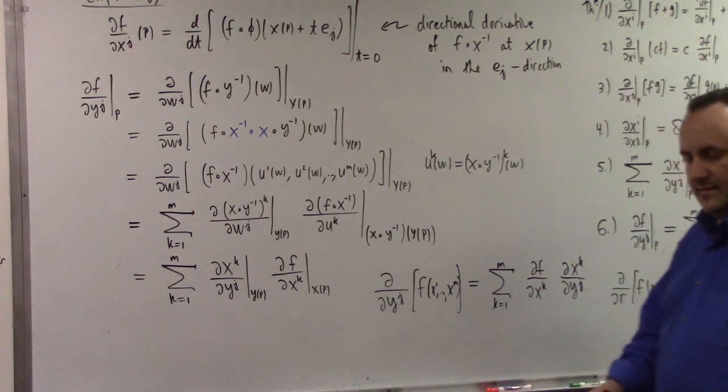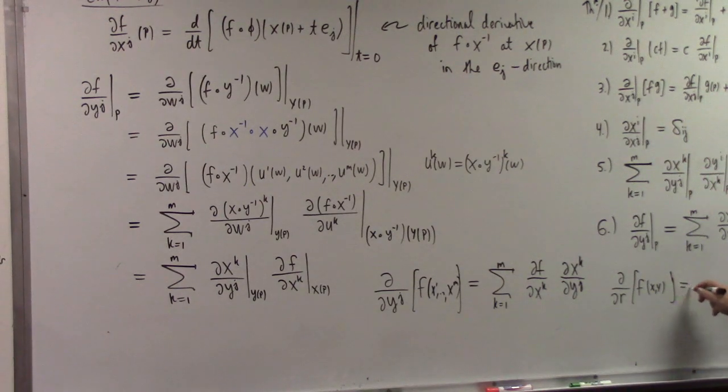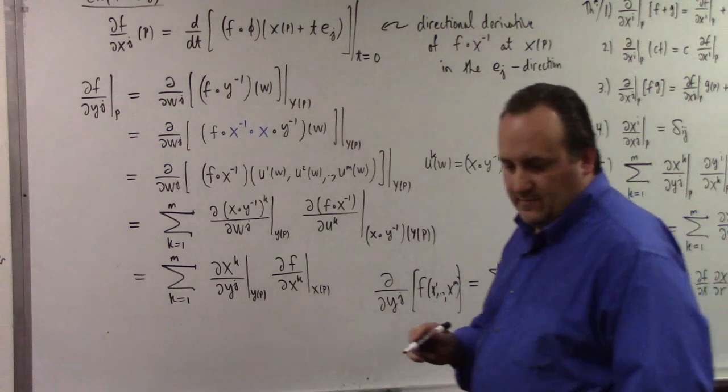Okay, great. So what do you do? That goes partial f partial x partial x partial r, plus partial f partial y partial y partial r. That's how it goes, and that's exactly what the chain rule is on a manifold as well.